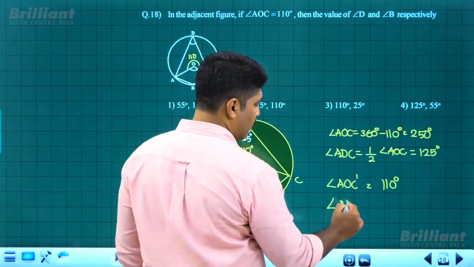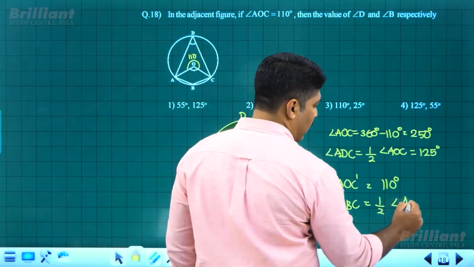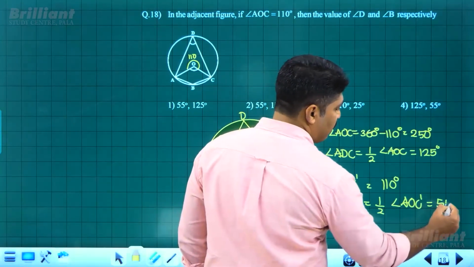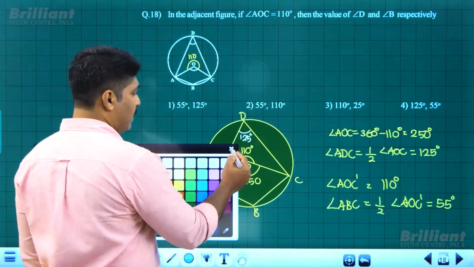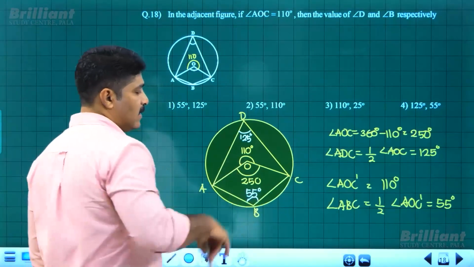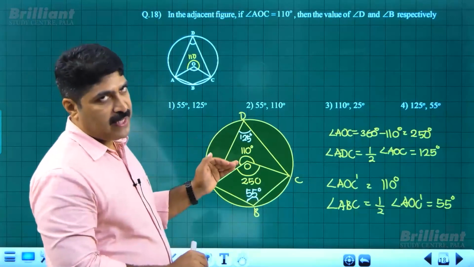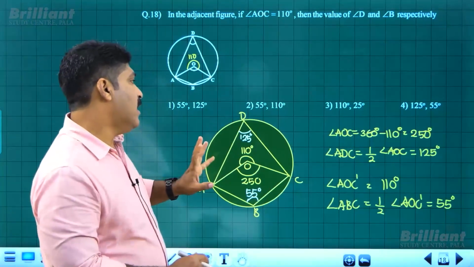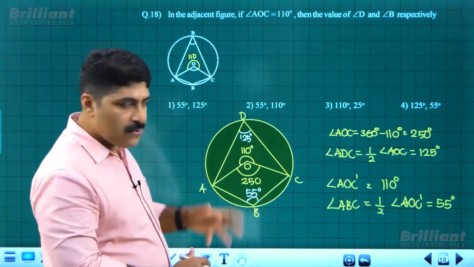This angle ABC is half of angle AOC dash. So that is equal to 55 degree. So we can easily catch this angle as 55 degree. Both these angles are called AOC, central angles. One is a reflex angle, the other one an acute angle. But here the diagram is in a confusing manner because it is not drawn to scale.